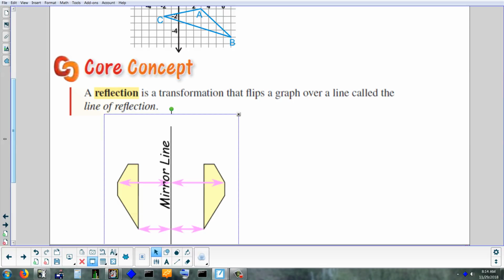What's on the left and what's on the right are mirror images. Now there's a couple ways you could fold this, right? You could fold it this way, or you could fold it the other way. So there's two types of reflections we're going to look at: reflecting it left to right, which is horizontal, or reflecting it up and down, which is vertical.